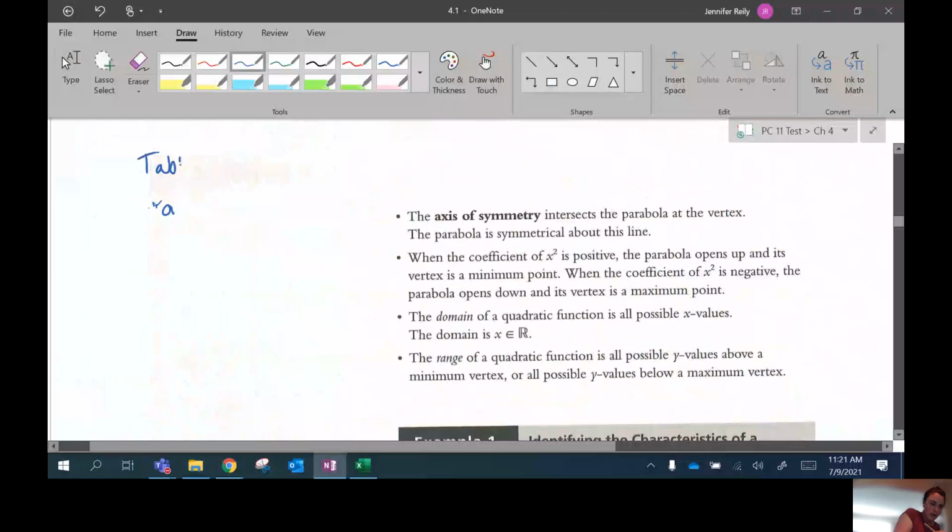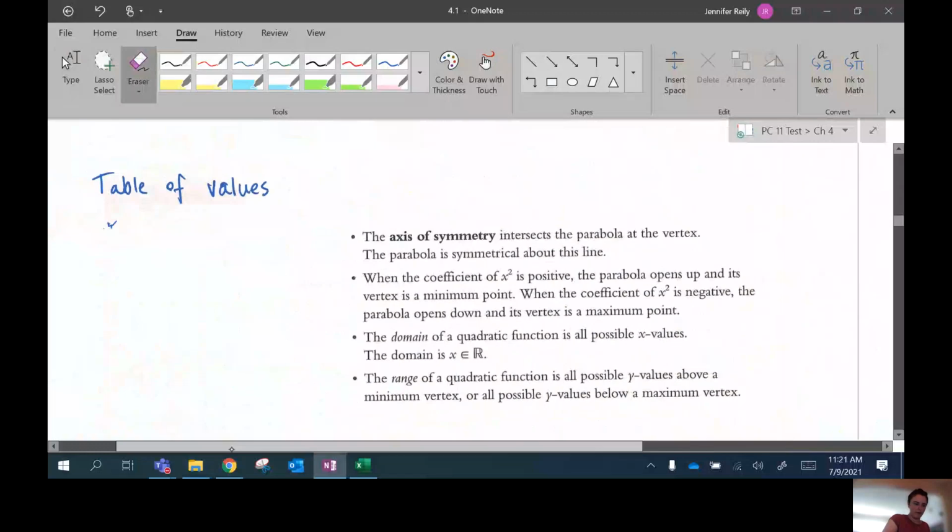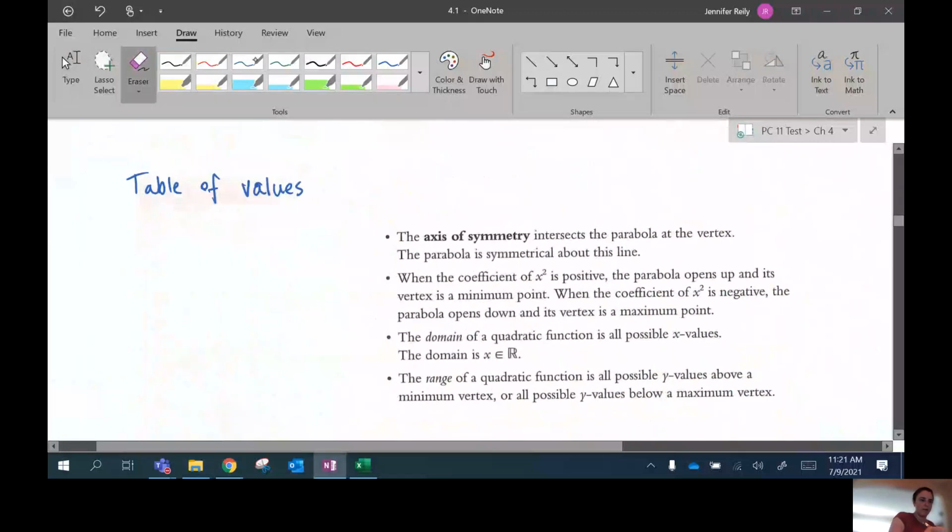I think it has to do with my cursor being in the way. So we're going to have x, and then y equals, I'll rewrite the function here. It's 2x squared plus 4x minus 6. For each x value, I'm going to be plugging it in.